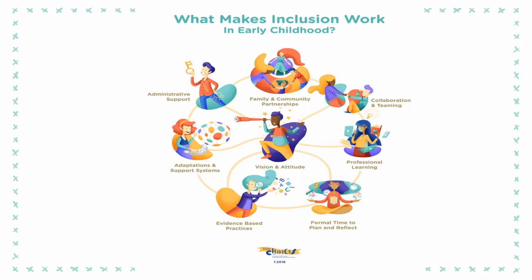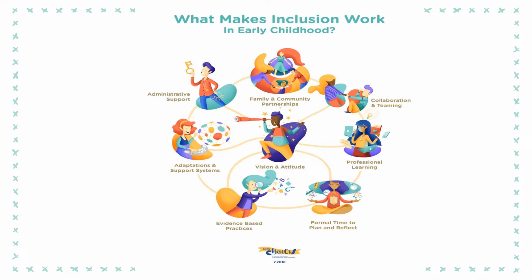And we're really going to look at this closer if you watch the second half of this webinar. But the most important thing is your school has to have a vision. They have to have a joint vision and attitude. What is blending going to look like? And in order for it to work, you need all these things around it.